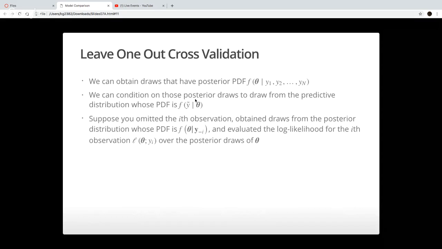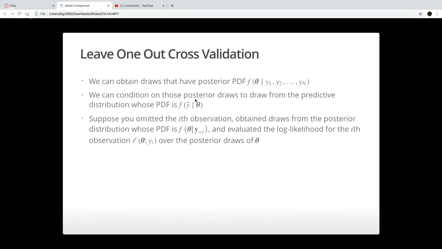Now, suppose you omit the ith observation from the data set. So you leave out the ith observation. i can be any number between 1 and n. And you get the posterior distribution conditional on your n minus 1 data points.